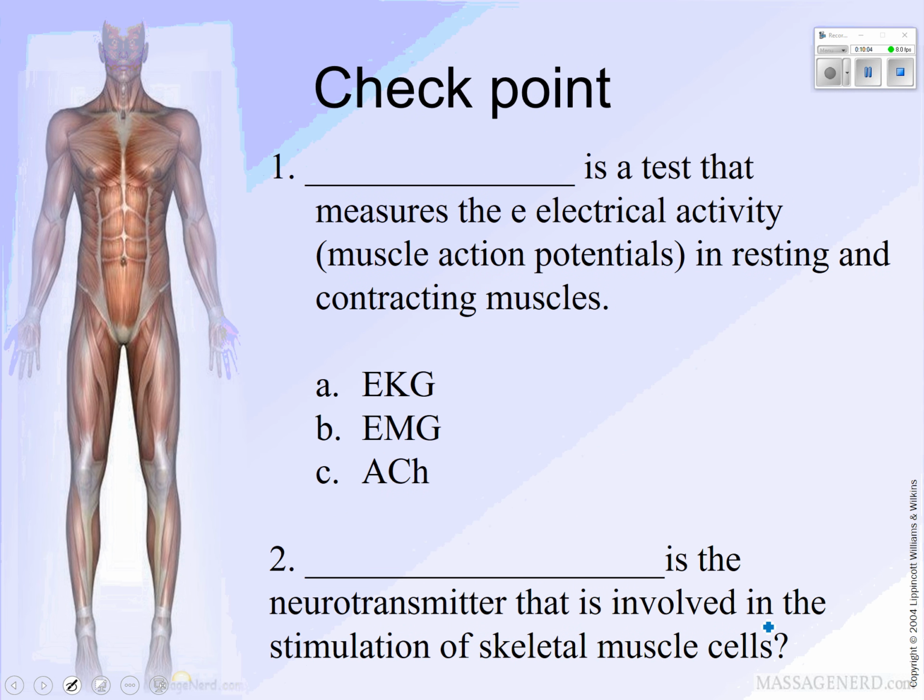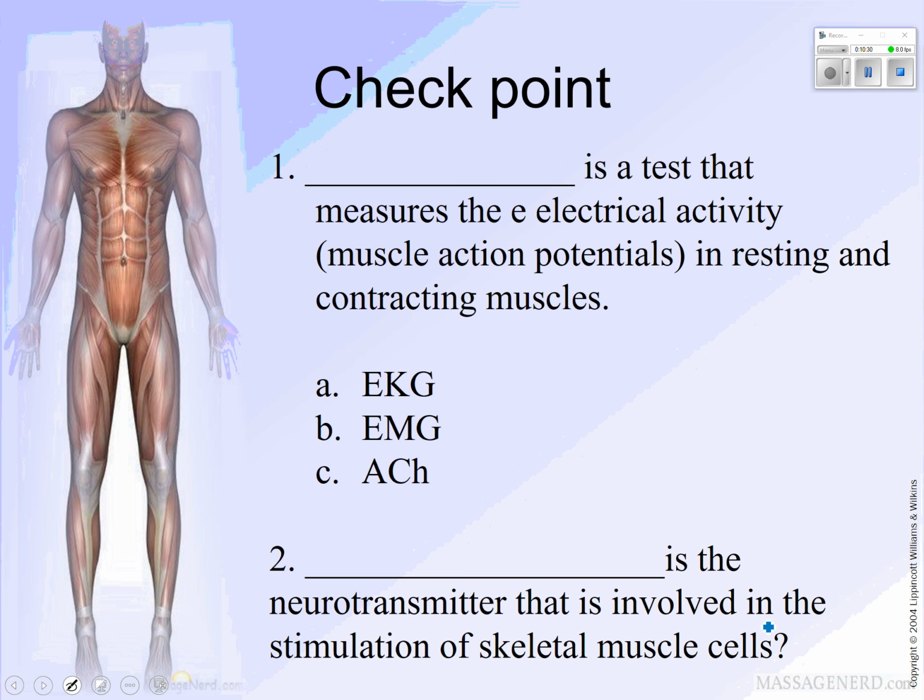Checkpoint questions again, try to answer them on your own first, then I'll go over the answers. Number one: blank is a test that measures the electrical activity of your muscle action potentials in resting and contracting muscles. Your choices are A, EKG, electrocardiogram, B, EMG, which is electromyography, and C, acetylcholine.